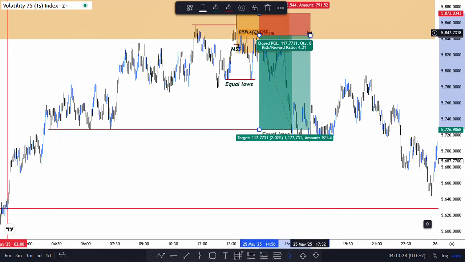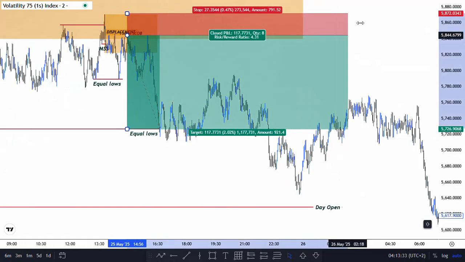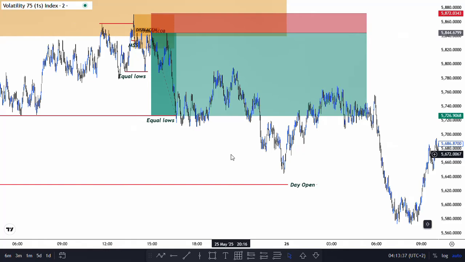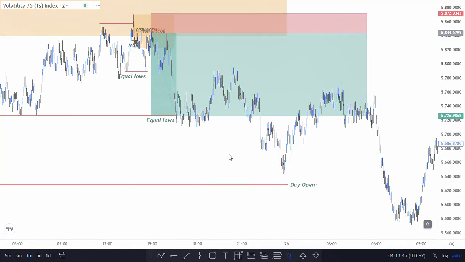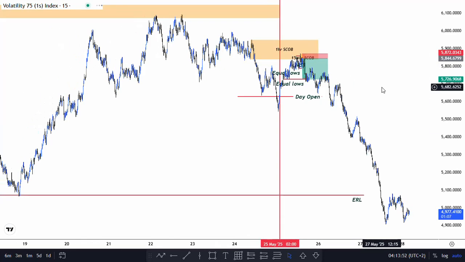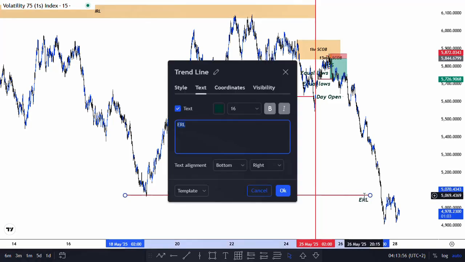Now the ultimate price, this is where risk management comes in. If you are trying to hold a trade, you are not going to stick to the 2 minute chart, 1 minute chart, or 5 minute chart. At least go to the 15-minute chart. So this is our external range liquidity on the daily chart.